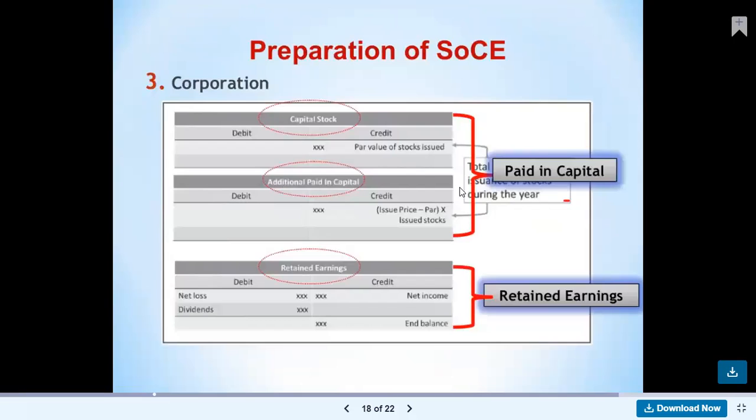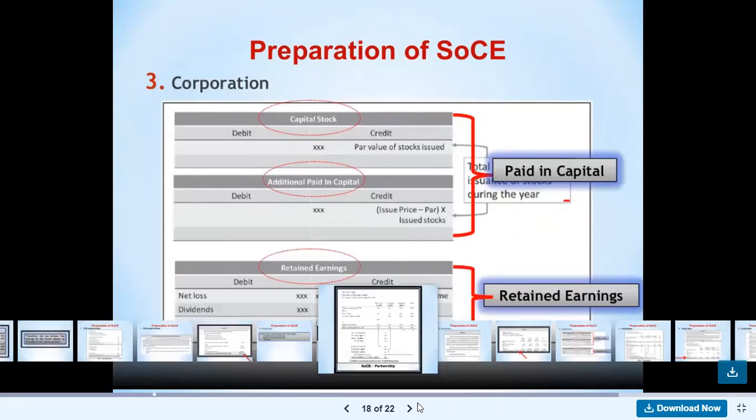So the total proceeds from issuance of stocks during the year is this one. This is par value of stocks issued and issue price, par times issued stocks. So this is the total proceeds from issuance of stocks during the year. So this is the T account of capital stocks.